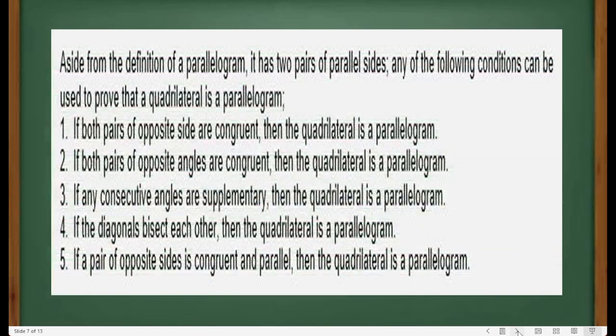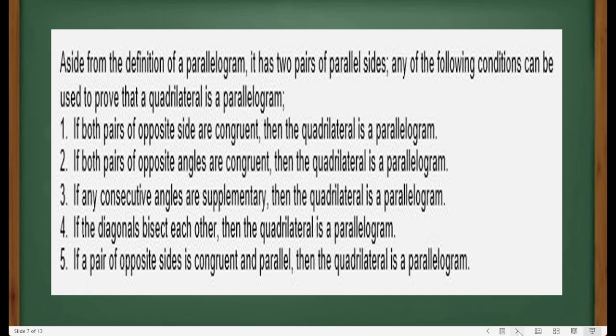Now, as I said a while ago, we are done with the discussion of the different kinds of quadrilaterals, as well as some related terms, particularly pairs of sides or segments and pairs of angles. We now go to the next part of this video, and that is the different conditions of a quadrilateral as a parallelogram.